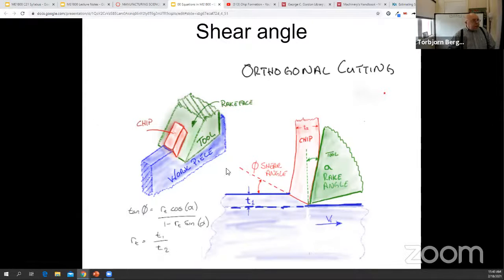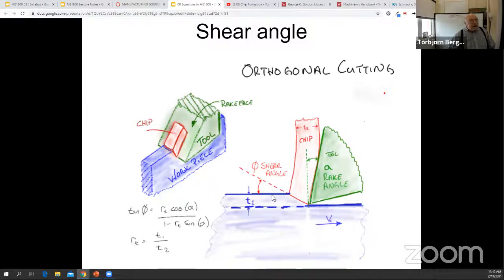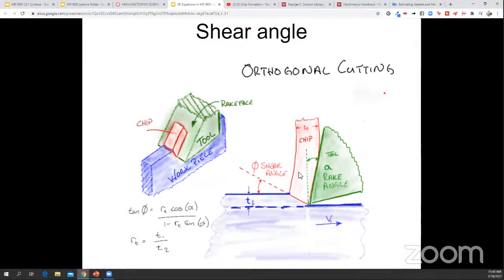All right, so there's a relationship between the shear angle, the uncut chip thickness, and the chip thickness. Why isn't the uncut chip thickness always equal to the chip thickness? Internal stresses in the material.